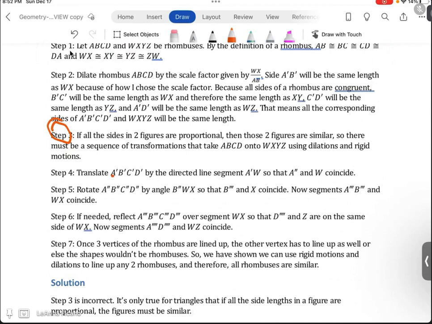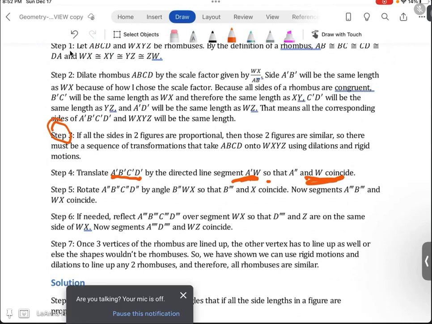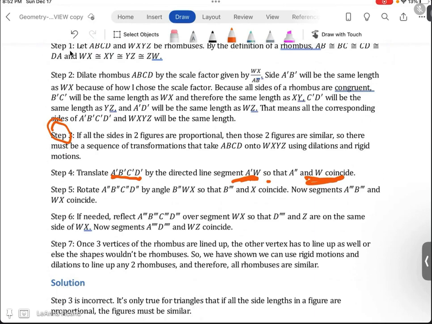We're bringing that A prime B prime C prime D prime by the directed line segment so that A prime prime coincides with W. It's going to land on W. Then step 5 says rotate A prime prime B prime prime C prime prime D prime prime by angle A prime WX so that B prime prime will coincide with X. Now segments A prime prime B prime prime and WX will coincide. That makes sense to me.